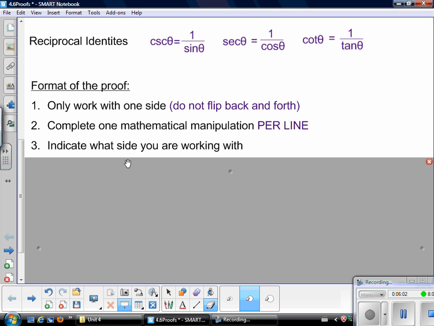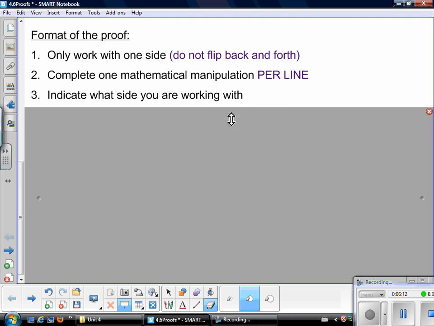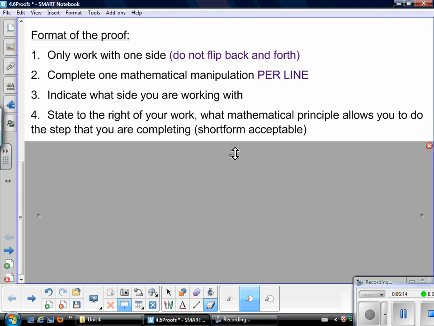It's important that you indicate what side you're working with, okay? So if you're with the left side, make sure that I know that you're with the left side. If you're with your right, the same thing. So there's no guesswork. Okay, the next thing is to state to the right of your work what mathematical principle allows you to do the step that you're doing. So it might be common denominator. It might be dividing by fractions.